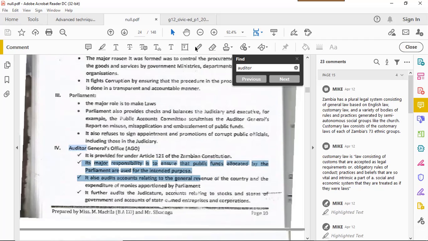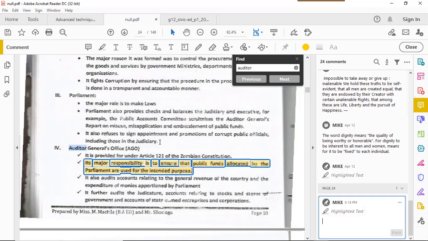Let me highlight this part for you. Oh, I'm annotating. I was supposed to highlight it. So the Auditor General's office, what's the main function? Its major responsibility is to ensure that public funds allocated by the parliament are used for the intended purposes. So that's the answer there.